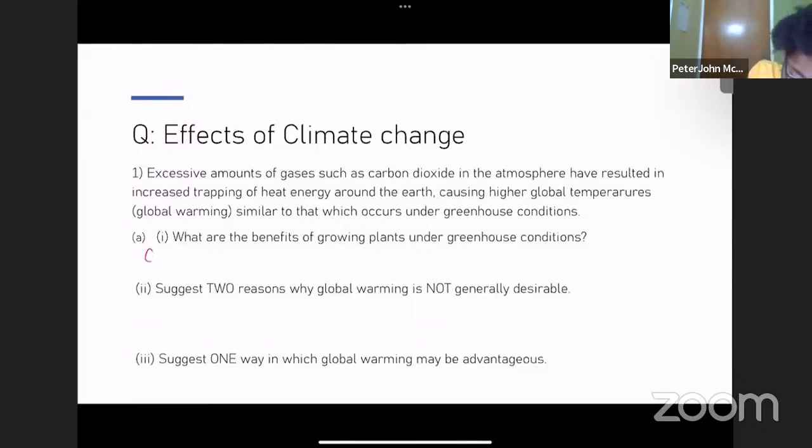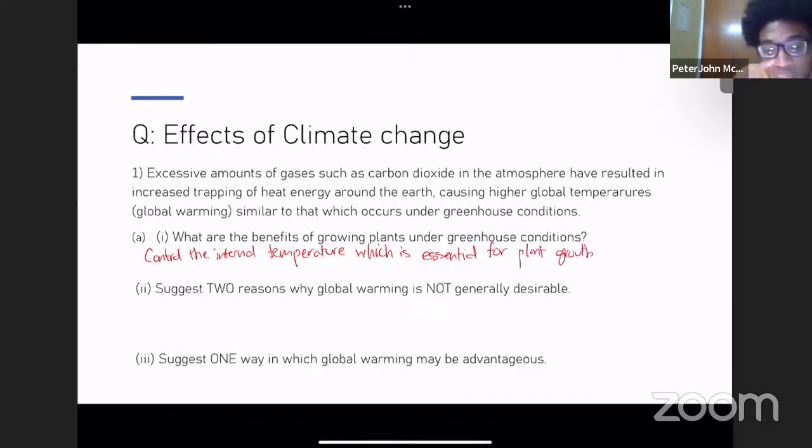You get to control the internal temperature, which is essential for plant growth. Plants aren't going to grow in the snow, but with the greenhouse, you get to control plant temperature.